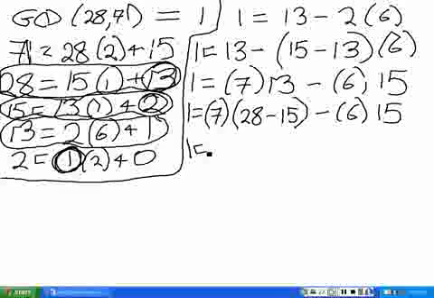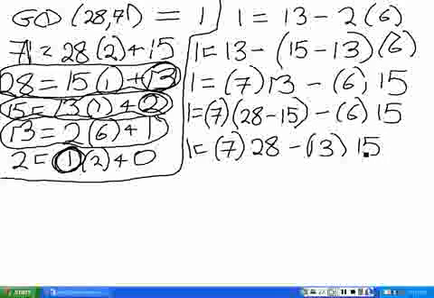Okay, so I get 7 times 28, and then it's going to be minus 7 15s minus 6 15s, so minus a total of 13 15s. Okay, well, we're getting a little closer.